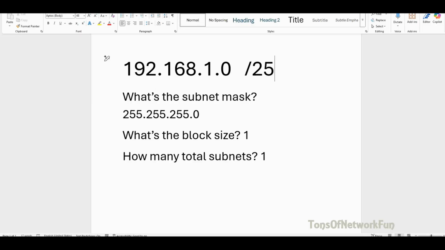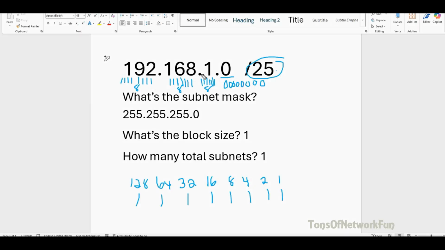So again, on Class C, the network portion is the first 3 octets. So 192.168.1, that much remains the same, but the host part is now no longer going to be 0, because the default slash was 24 and now it's changed to 25, so it will be different here.